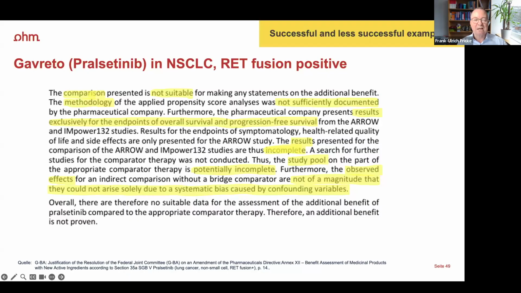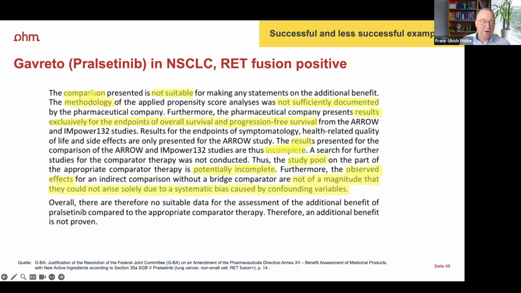Second, results were not completely presented. It was mainly on OS and PFS. And then the study pool was considered to be potentially incomplete, and finally, the observed effect not sufficient to be explained by the intervention, could have been caused by confounding only.